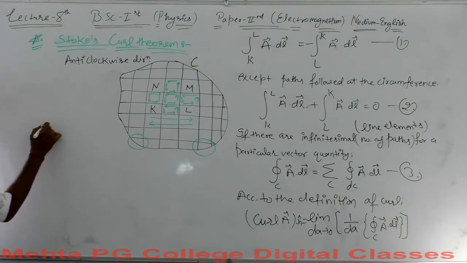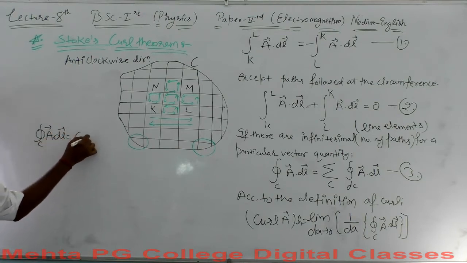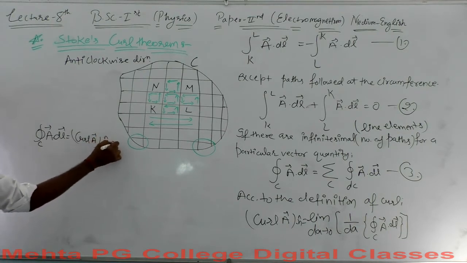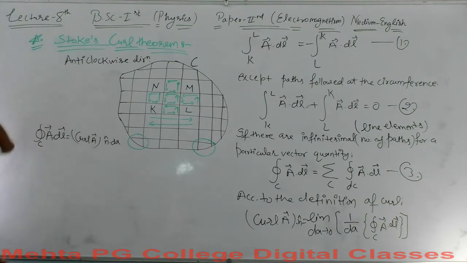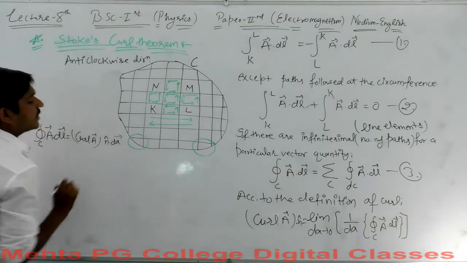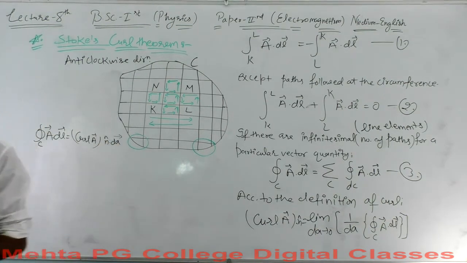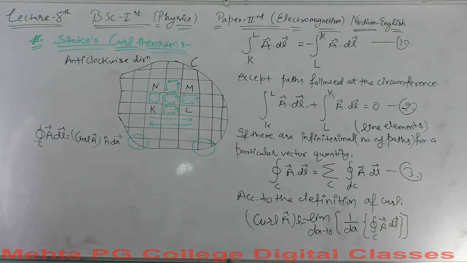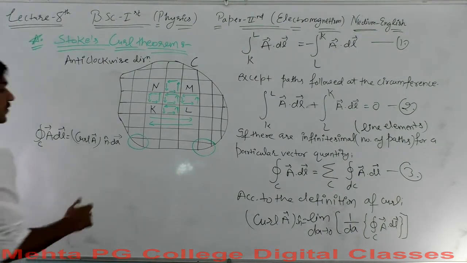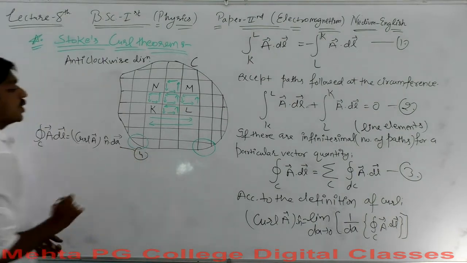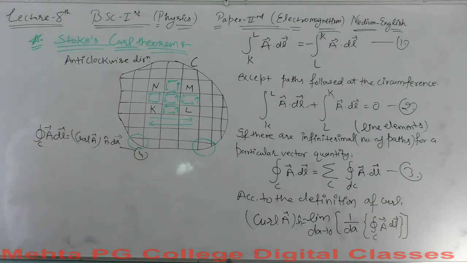The integration over that closed curve of A dot dl vector will equal the curl of A vector dot n cap dA vector. This is what the quantity will become here. Let's say this is equation 4.